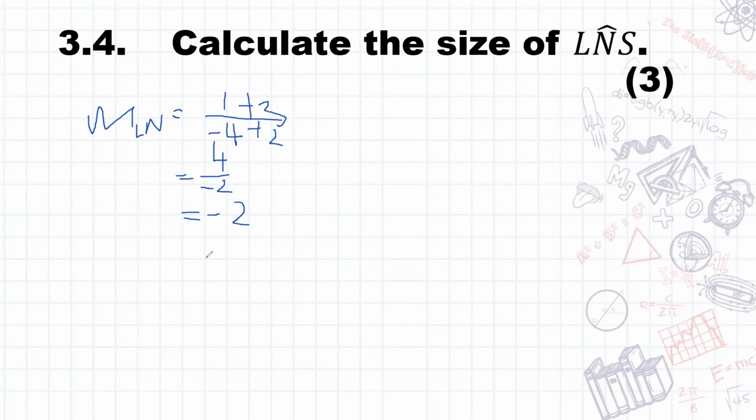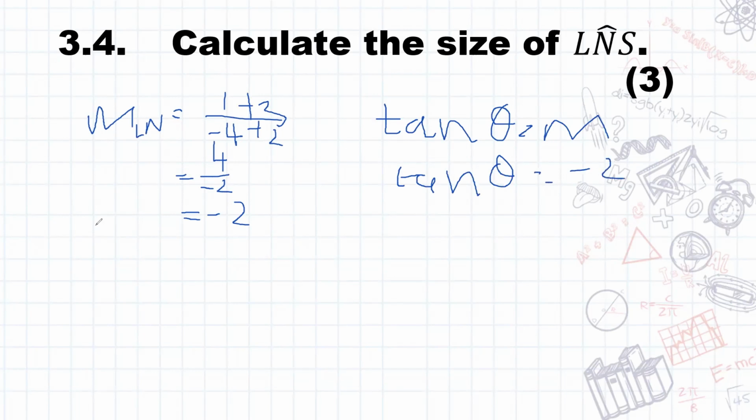From that, we substitute into tan theta. Very handy little thing, this. Okay, so we know tan theta is equal to -2. Now remember, because it's on the CAST diagram as so, tan is negative here, so we're going to have it as 180 minus whatever our reference angle is. So we put that into the calculator. I'm not going to pull it up now because I don't want to lose all of this working out, but basically the inverse of tan of 2 would give us 63,43 degrees.